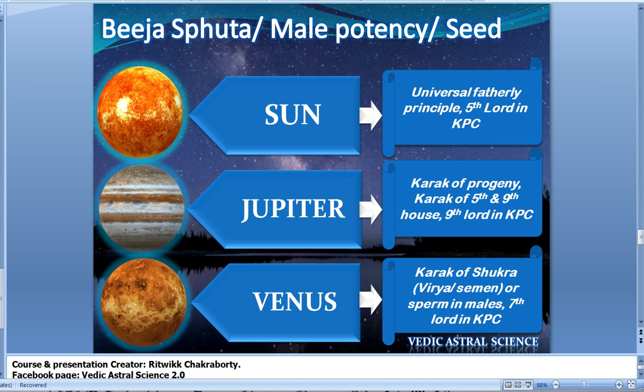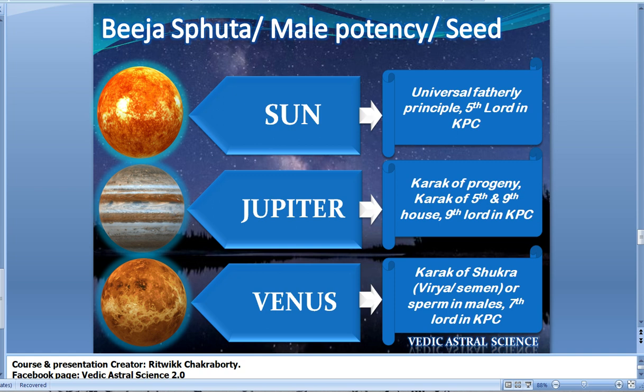Now let us understand why the sages have taken these three particular planets for understanding the male potency or determining the Beeja Sphuta. So why is Sun important?